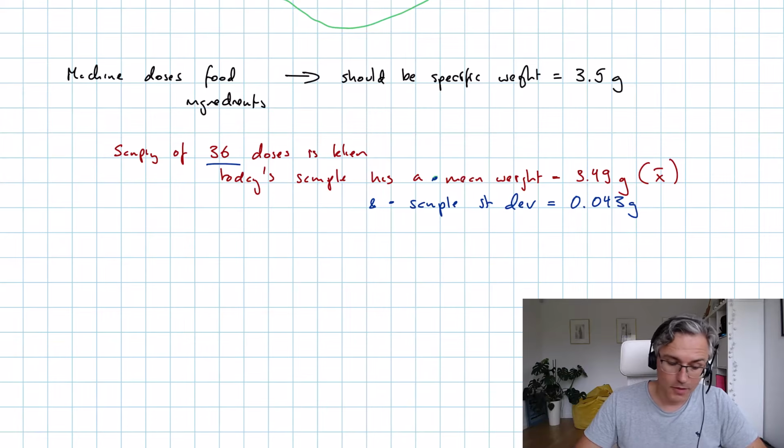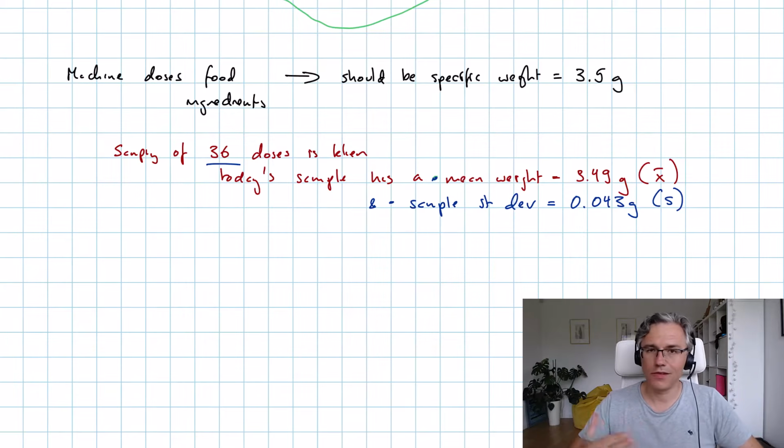We typically denote this as S, the sample standard deviation, as opposed to Greek letters, which we use when we talk about populations. Good. The question is, what should we do about this result? Does this give us grounds to stop the production line and recalibrate the machinery, or do some maintenance on it, repairs, whatever?